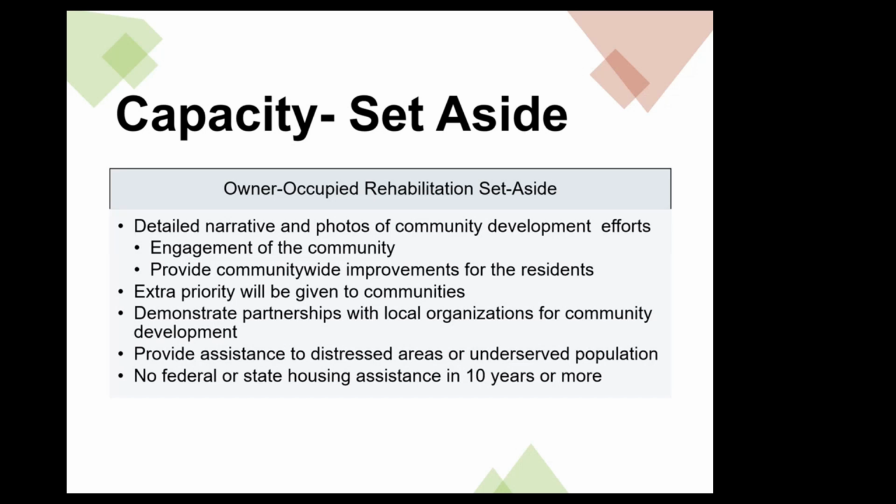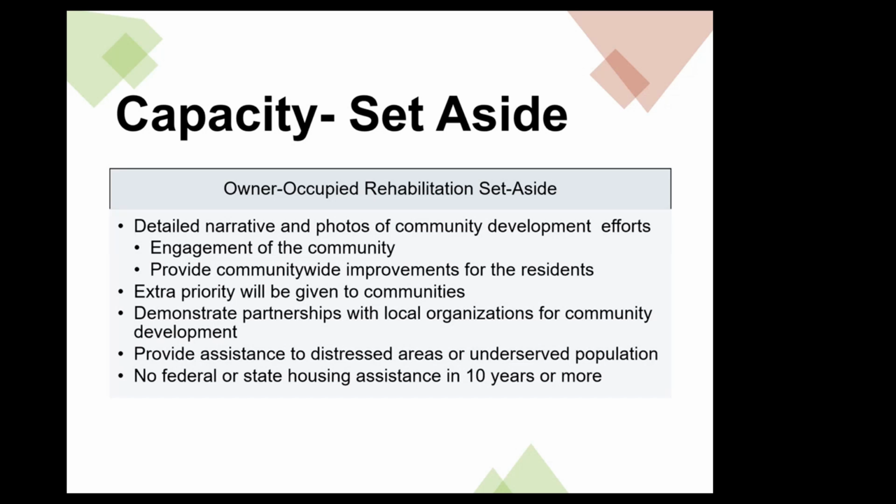We don't have a narrative for how that would look. We just ask that you provide us a detail of what you've been able to do in your community to either engage them or provide community improvements. Extra priority will be given to communities that demonstrate partnerships with local organizations for community development.